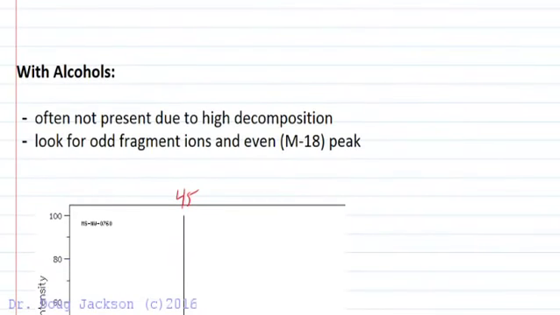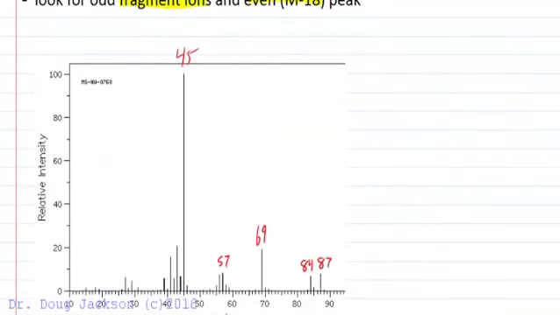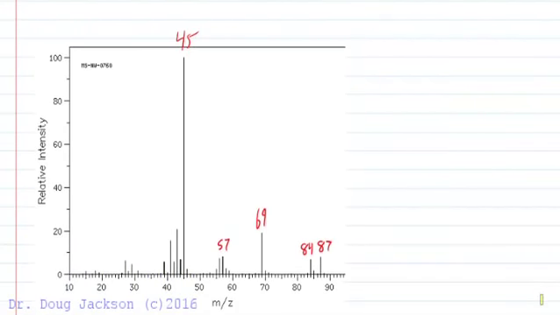With alcohols, often we won't see the molecular ion because the decomposition of the molecular ion is very favorable. It's very fast. What we will see is odd fragments and then an even M-18 peak that may not even be the highest mass. So if we look at this alcohol that we have here, as I've labeled the spectrum, we see that we've got odd fragments, and then we have this mysterious even fragment here.